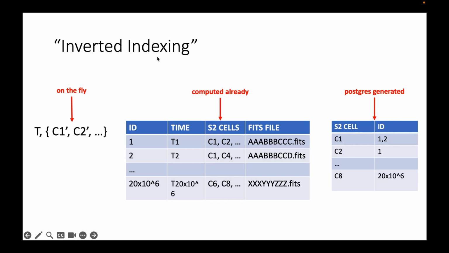So we use a Postgres database, and when you request that Postgres generate an inverted index, it will basically take each of these cells and give each of those cells its own row in an indexing table, and then every ID that has one of those cells gets listed in another column.